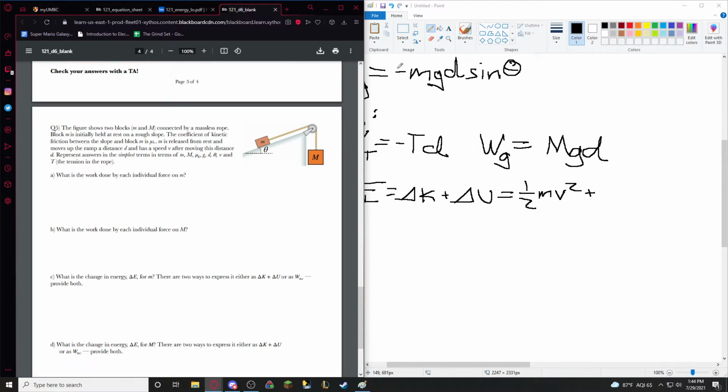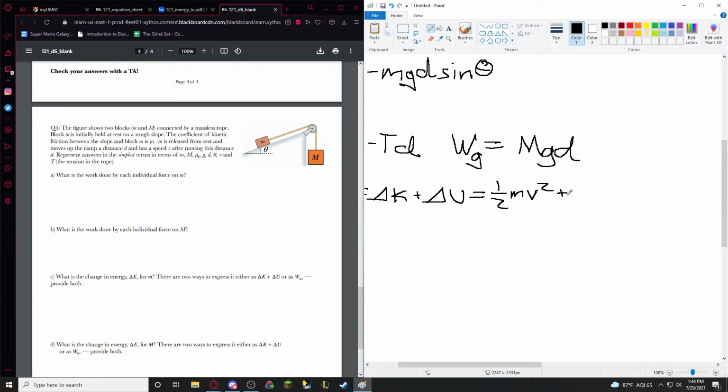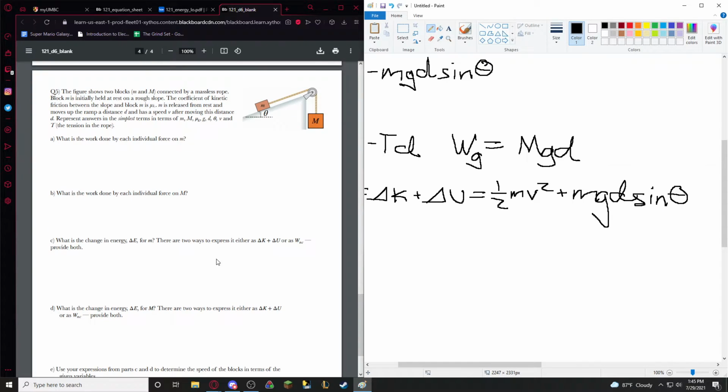It's the same as mgh, and we found from earlier that h is d sine theta. And that's pretty much it. That's our delta K plus delta U.